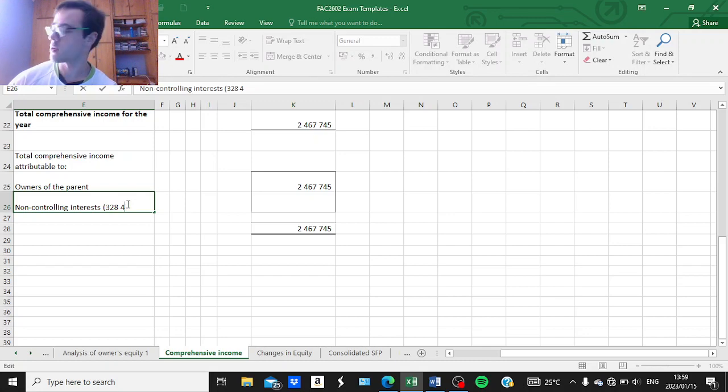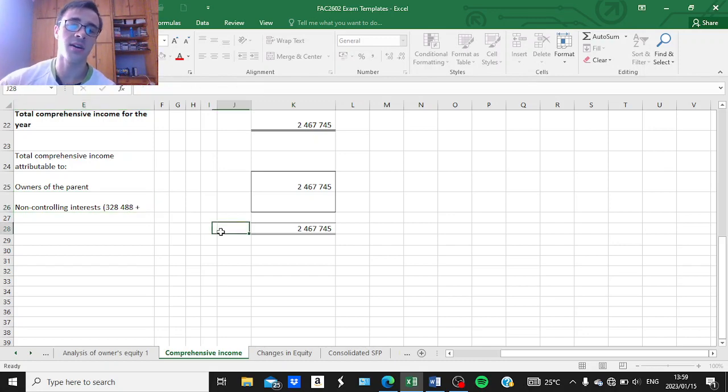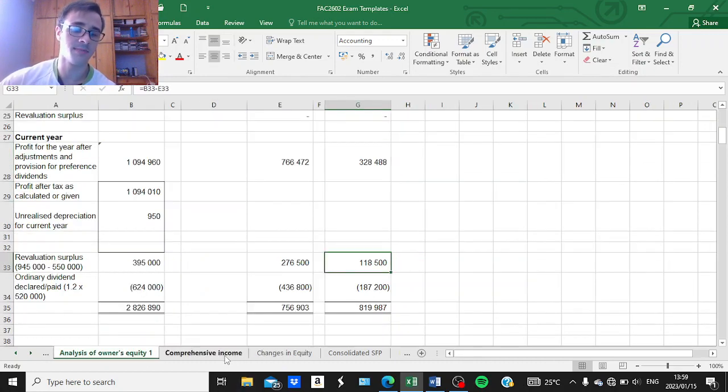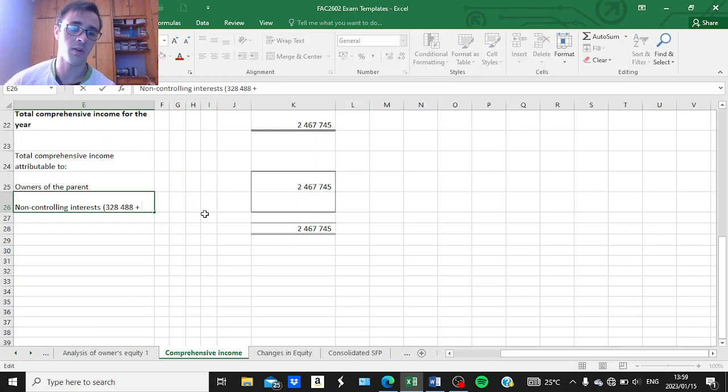And then we need to add the NCI share in the current year's revaluation surplus, which was 118,500.